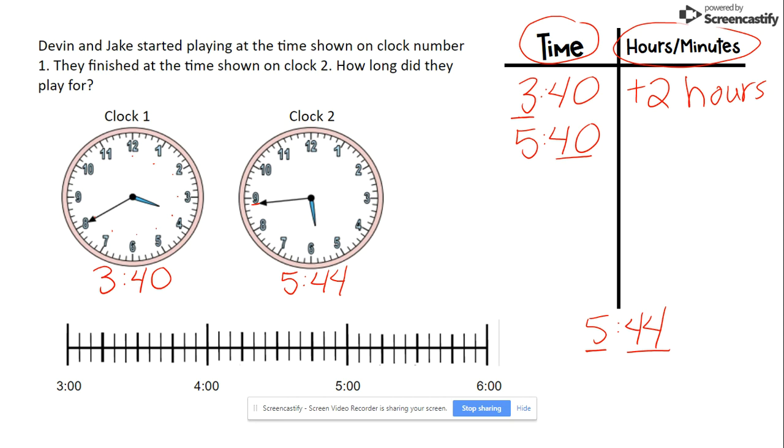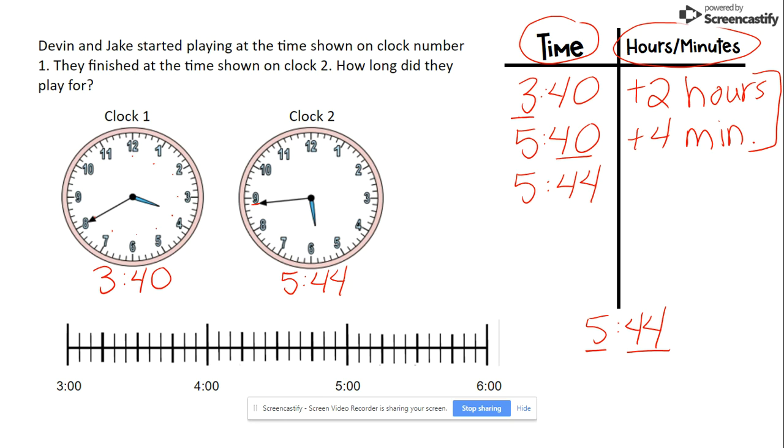I can think 40 plus what equals 44, and I know that if I were to add 4 minutes, I would reach 5:44. To find my final answer, I need to add everything in that right-hand column. So Devin and Jake played for 2 hours and 4 minutes.